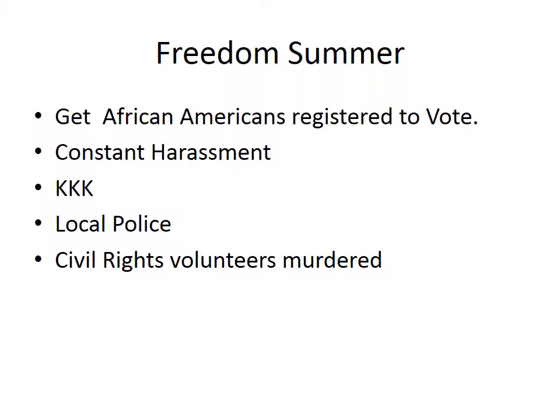At least 3 Mississippi blacks were murdered because of their support for the civil rights movement. 4 were critically wounded. 80 Freedom Summer workers were beaten. 1,062 people were arrested. This is including whites and blacks. 37 churches were bombed. So in Mississippi, basically, it's burning and it's being televised and on TV.